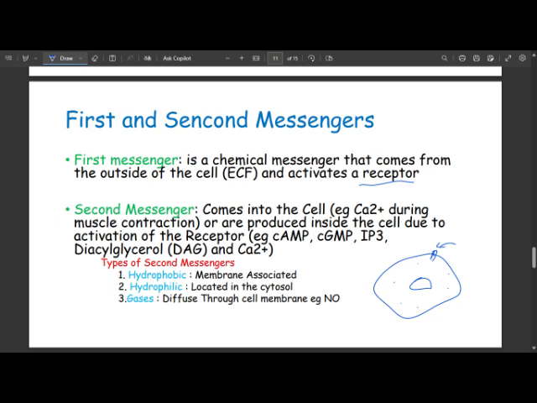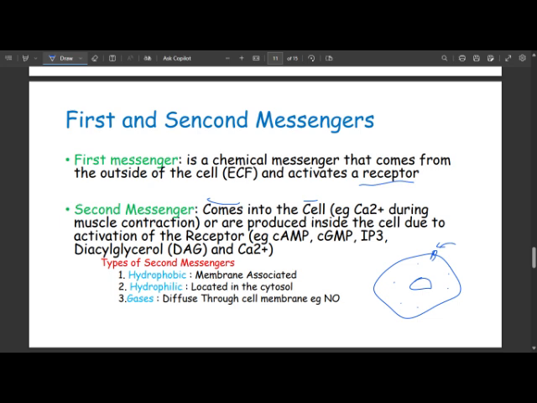Then the second messenger can come into the cell due to opening of a channel, since we said that some of the receptors are ion channels or influence opening of ion channels. Or the second messenger will be produced right inside the cell to bind wherever it needs to bind.